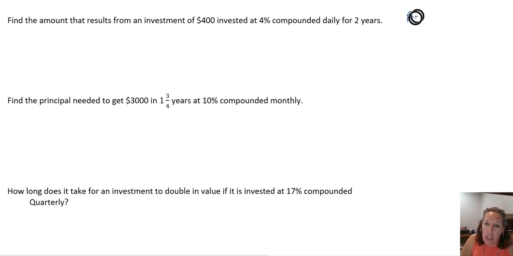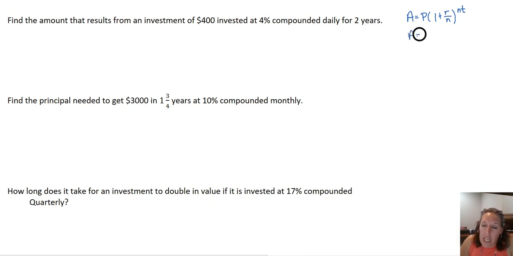We're going to have A equals P times 1 plus R over N to the NT. This is going to be for compoundings that happen at a set interval, where N is the number of times per year that the compoundings occur, R is the interest rate, T is the time in years, P is the principal investment, and A is the amount at the end.